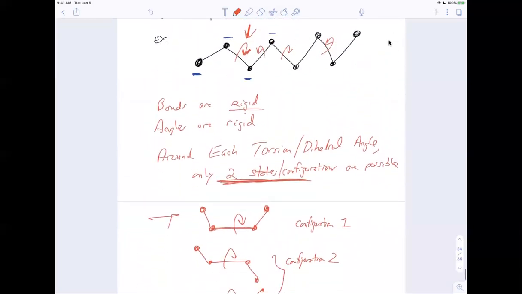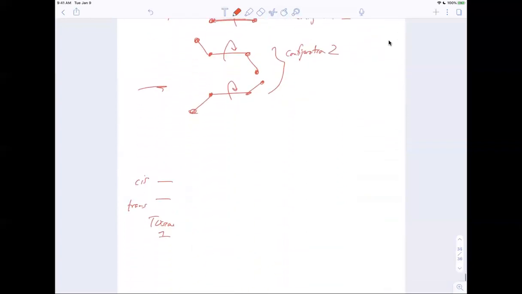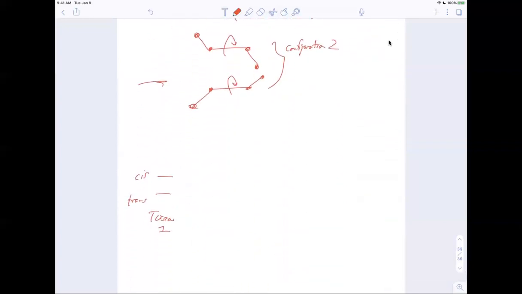That second torsion is going to depend on what the first torsion is, right? So the second torsion, how many states are allowable? This is obvious. We stated it in the problem. It's a constraint. Again, 2. Okay, but our first torsion could be either cis or trans.